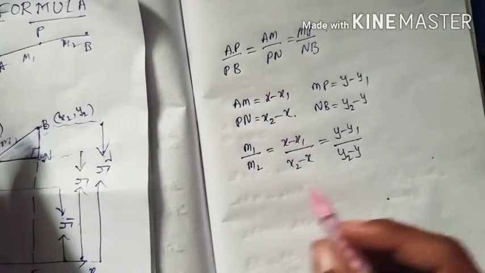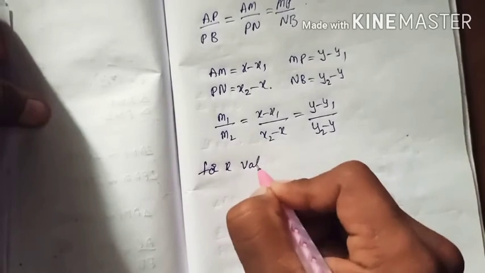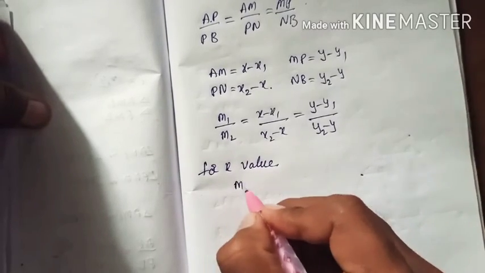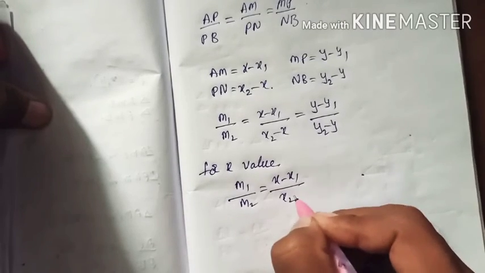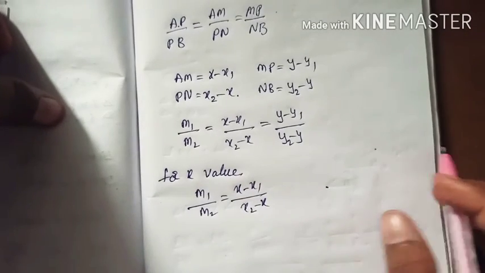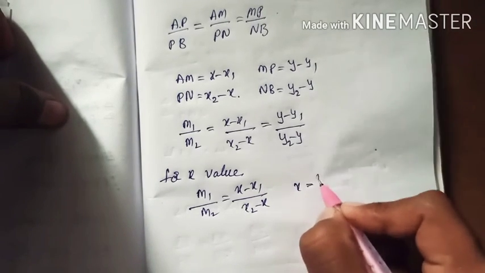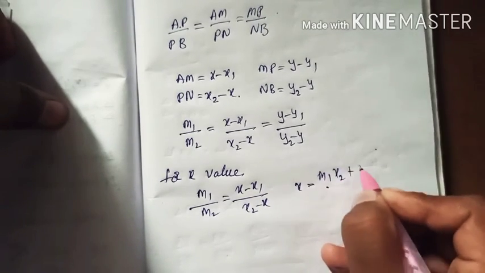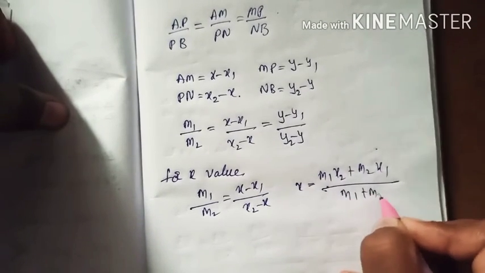Now we will simplify this. For the x value, M1 by M2 equals (x minus x1) by (x2 minus x). So x equals (M1 x2 plus M2 x1) by (M1 plus M2).